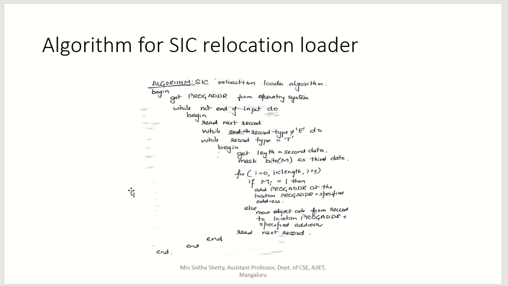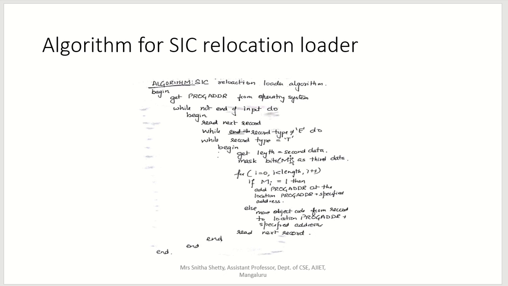So the algorithm says: begin, get program address from operating system. While not end of the input, begin, read the next record. When the record is not the end record, keep on reading the text record.